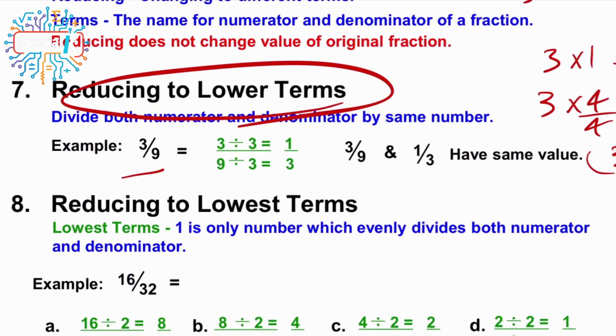So 3 over 9. The question asks me, find a way to divide 3 divided by 9 into a smaller form of fraction. So let's see. Would it be okay if I say that 3 divided by 1 is actually 3? It means that nothing happened. 3 divided by 1 is equal to 3.